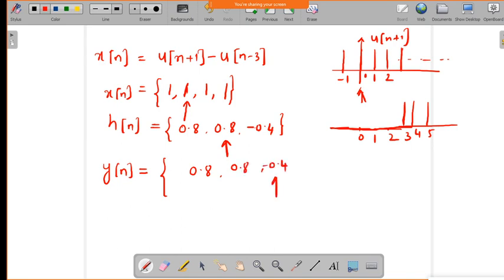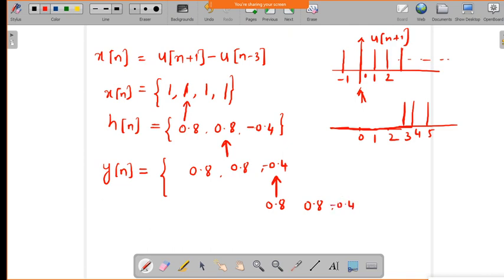Now, where is the origin? The origin is here, because h of n is shifted by 1 unit to the left side. If you shift that, you have to multiply this sample by the whole h of n, so you will get this. Similarly, if you take the origin and multiply, you will get the same: 0.8, 0.8, minus 0.4.